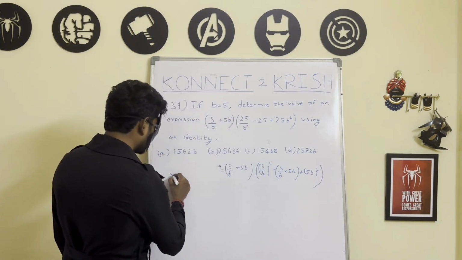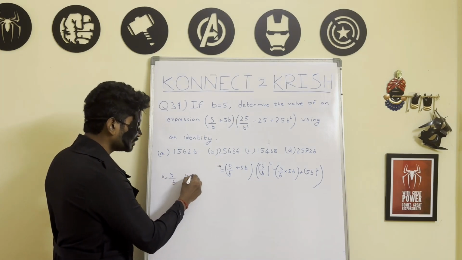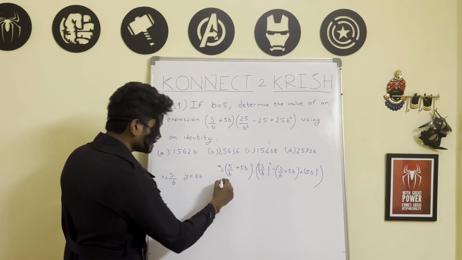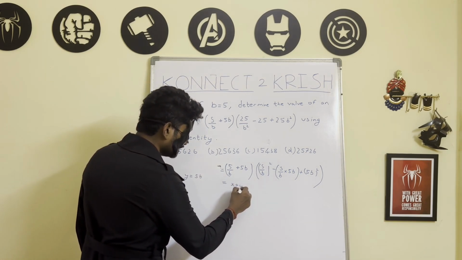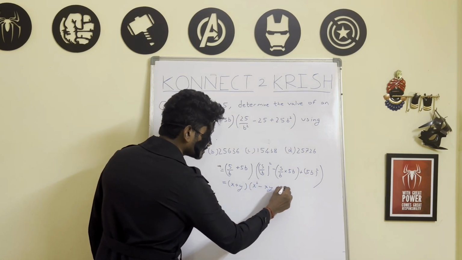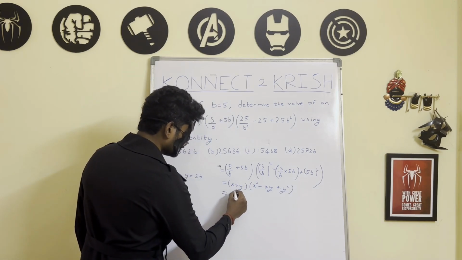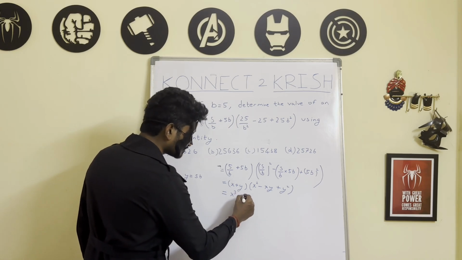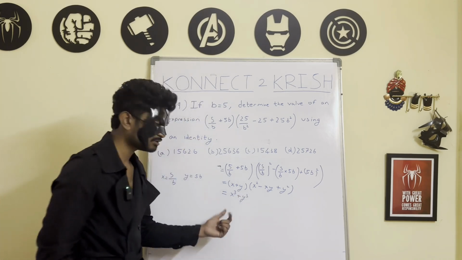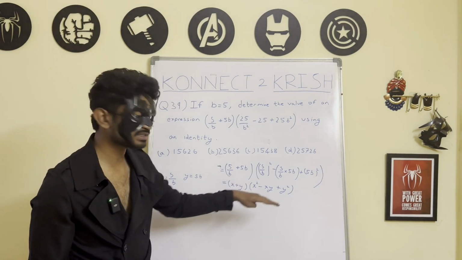So suppose we take x is equal to 5 by b and y is equal to 5b, and this is of the form (x plus y) into (x square minus xy plus y square). This is the expansion of x cube plus y cube. So you must remember this identity: x cube plus y cube is nothing but (x plus y) into (x square minus xy plus y square).